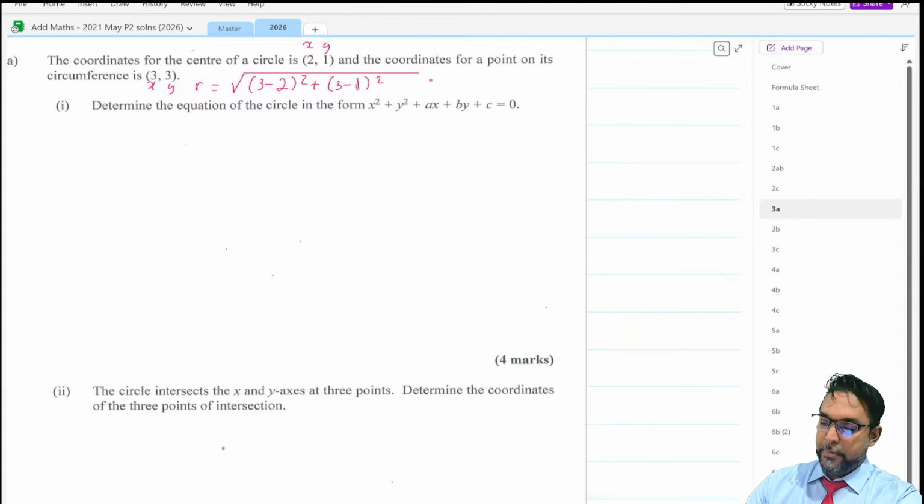So that's 1 squared plus 2 squared, which is 1 plus 4, which is 5. Okay, cool. So the actual proper equation of a circle is x squared plus y squared minus 2ax. Sorry, so this is a, and that's b, my bad. It's 2ax.